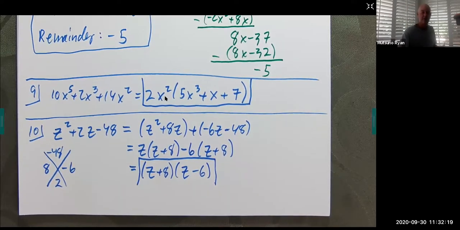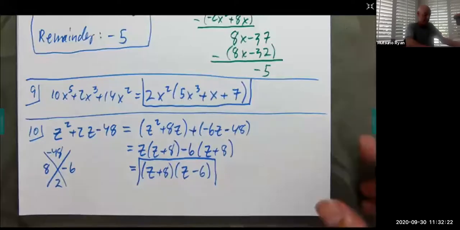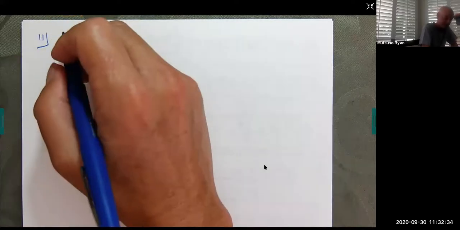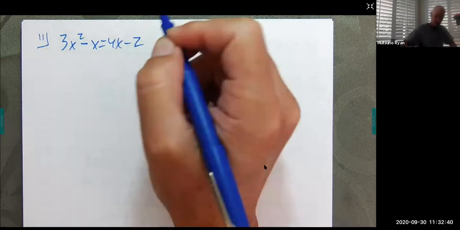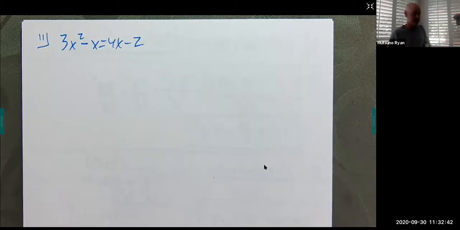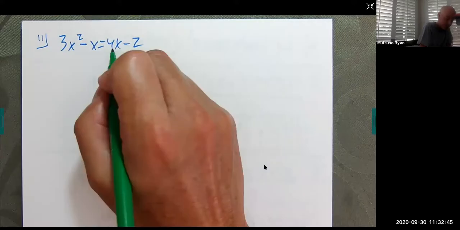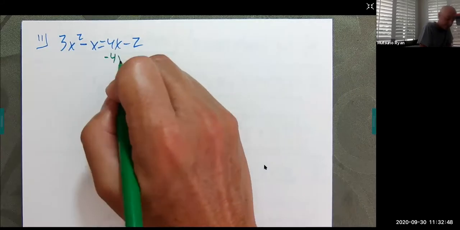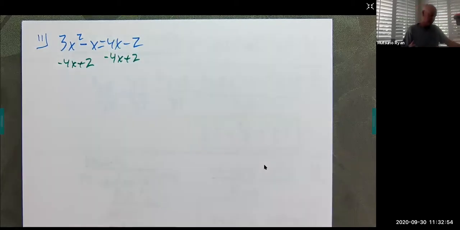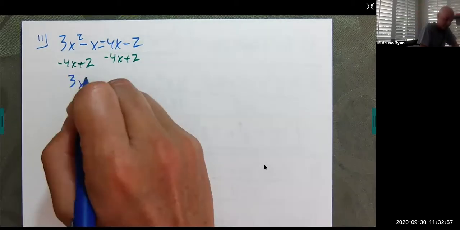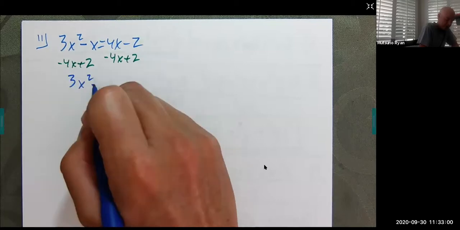And for our last problem, we have an equation. We need top of the page for this one. Number 11. What I'm going to have to do first with my equation is get it equal to 0. So I'm going to move the 4x and the negative 2 to the other side by subtracting the 4x and adding the 2. 4x minus x is minus 5x.